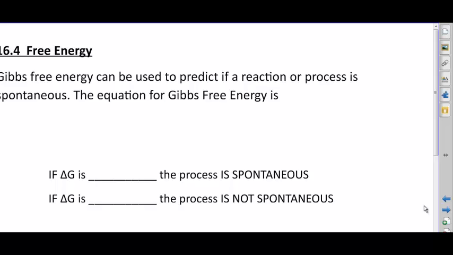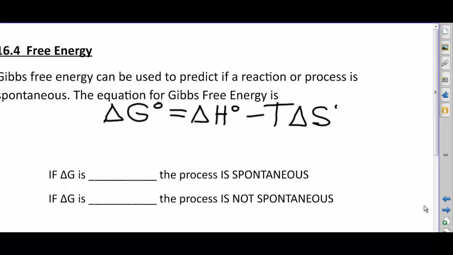The equation is delta G degree, meaning we use these values at standard state, 1 atmosphere of pressure, etc., equals delta H degree, that's our enthalpy, our heat of reaction, which we have many ways to calculate, right? Hess's law, calorimetry, heats of formation, minus T delta S degree.